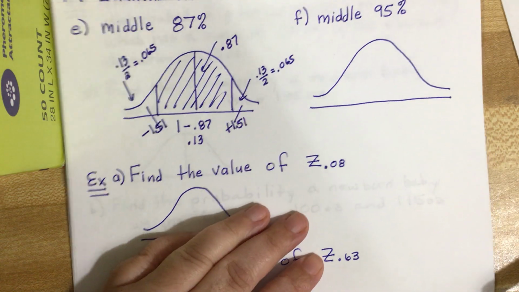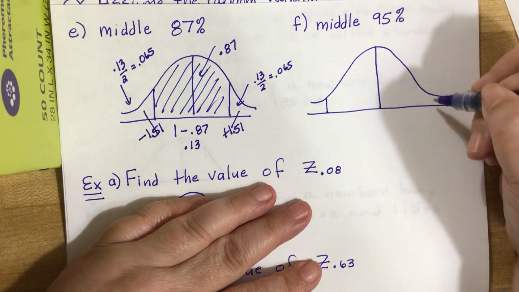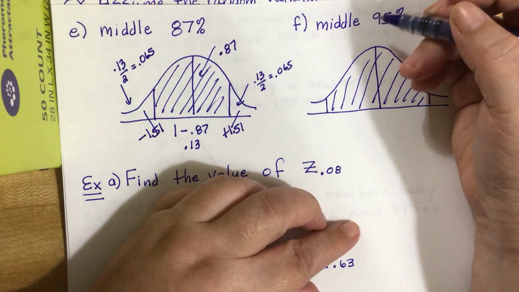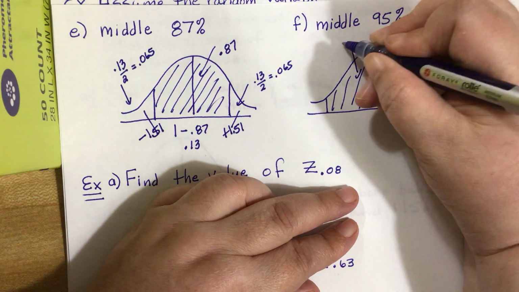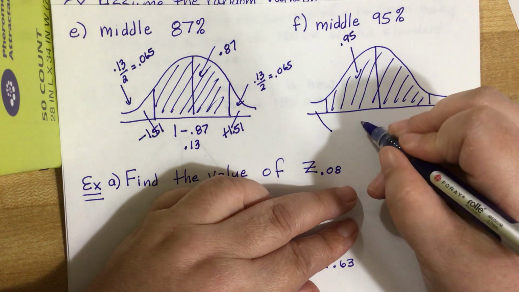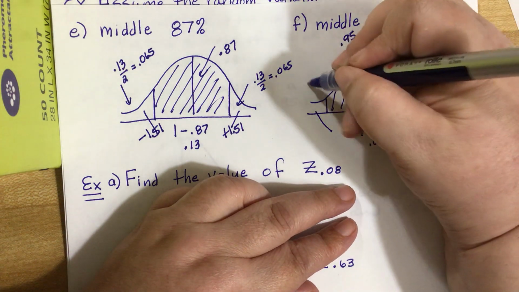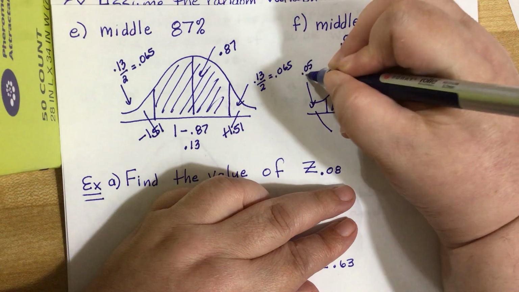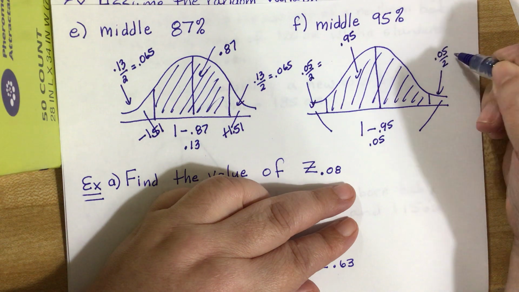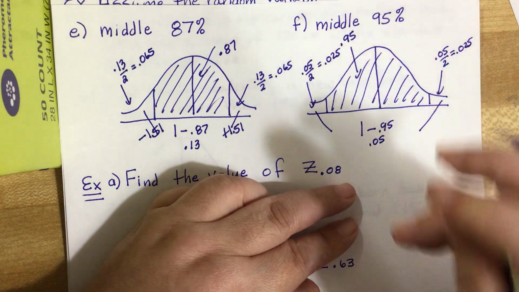Okay, so let's do another one of those so I just know you have it. All right, we want the middle 95%. So that says what goes in the middle is 95%. That says that the two tails are 1 minus 0.95 or 0.05. And that means each little part is 0.05 divided by 2, which is 0.025.